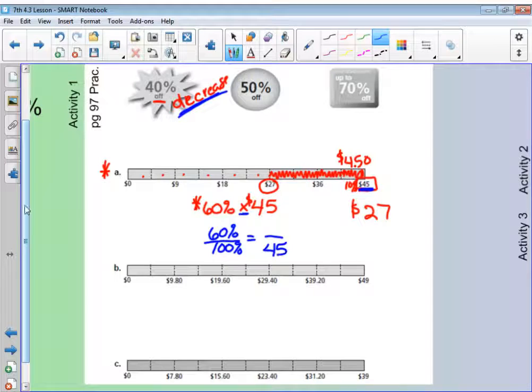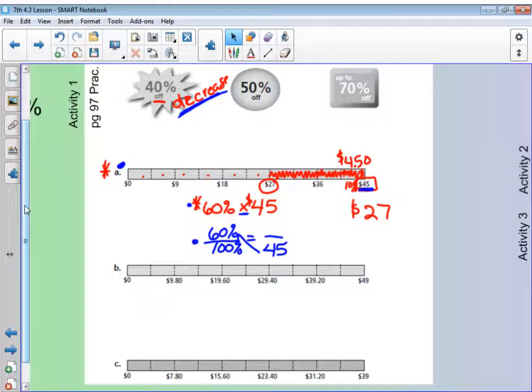So I could set it up as a proportion, cross multiply, divide. I have to decide for me, is it easier to see it visually? This will take time if you're working on your own and don't already have the diagram set up for you. This is what we worked with in section 2, but this is even more visual for some of you. So you have to decide for yourself as a student, what do you need?